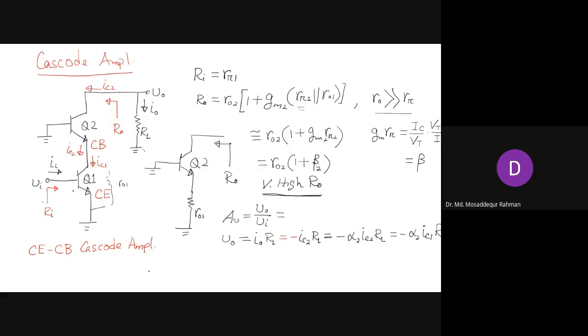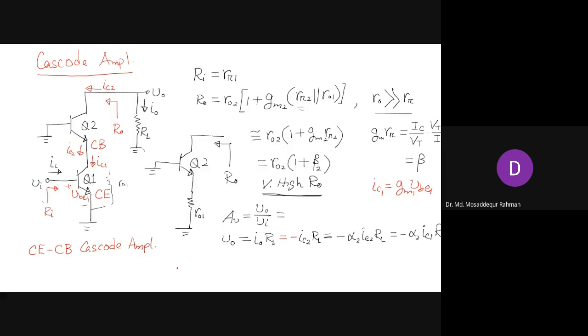The voltage here is the base to emitter voltage VBE, and we use this relation that IC is GM VB. This is for Q1, so maybe we can put VB1. So IC1 would be GM1 VBE1.